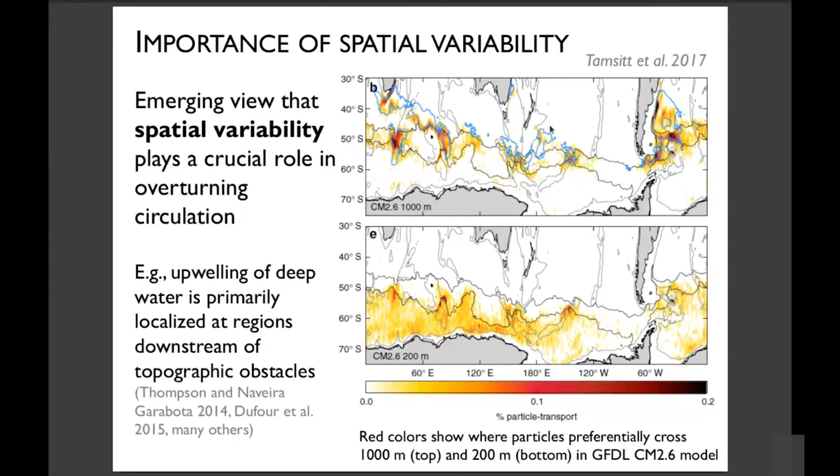They are also associated with regions of high eddy kinetic energy, shown in these blue contours. This is surface eddy kinetic energy, so these are regions with a lot of variability and eddies, and this paper and many others have shown that it's intimately connected with the upwelling of deep water, part of the overturning circulation.